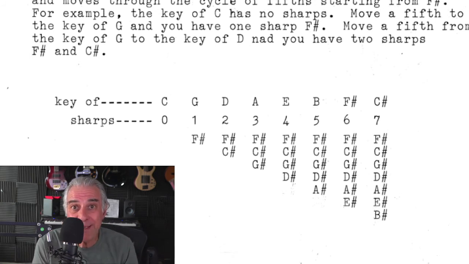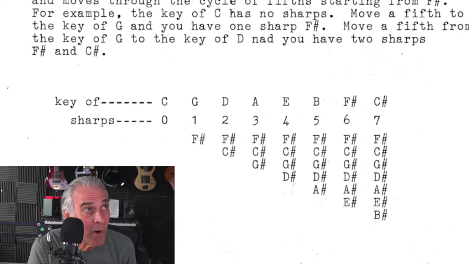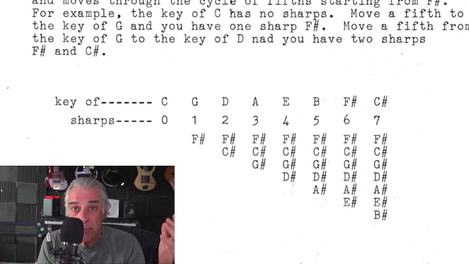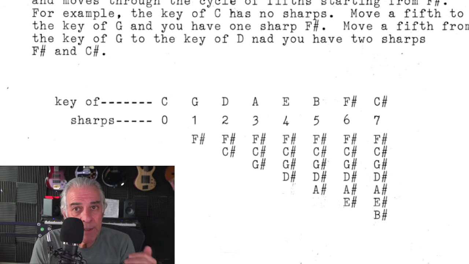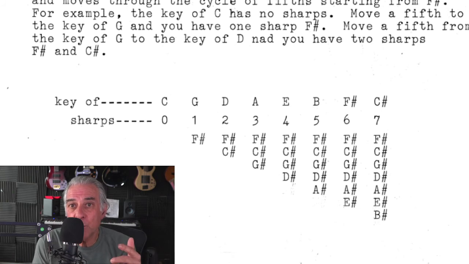C sharp, once again, would be the 7th degree in the key of D major, or the 7th note of the scale, if you want to look at it that way. So as you travel through the circle of fifths, adding each new key, which is a fifth away from the previous key, you get a new sharp, which is a fifth away from the last sharp of the previous key.